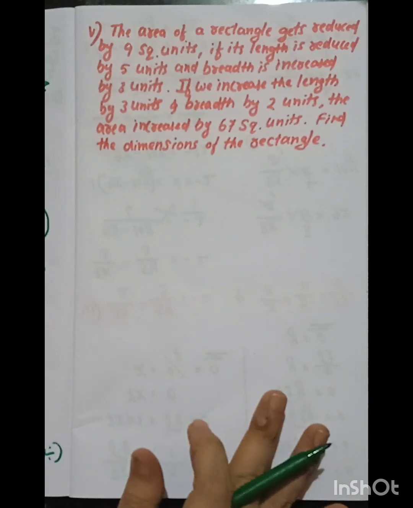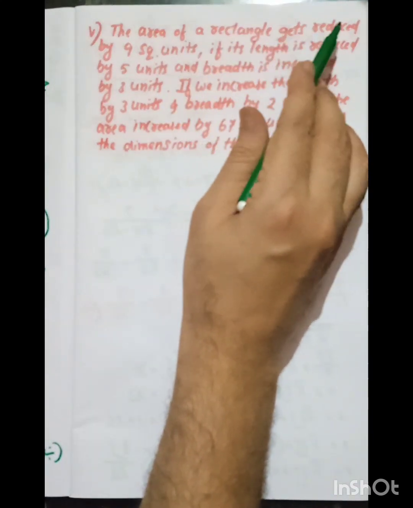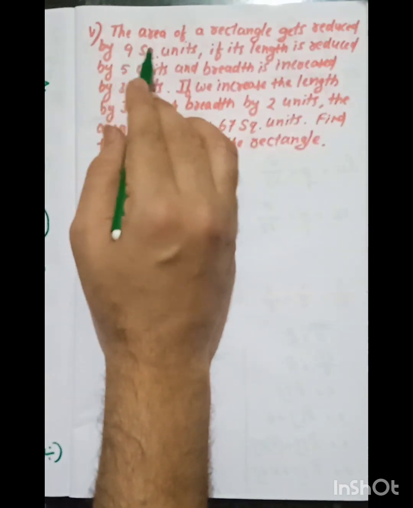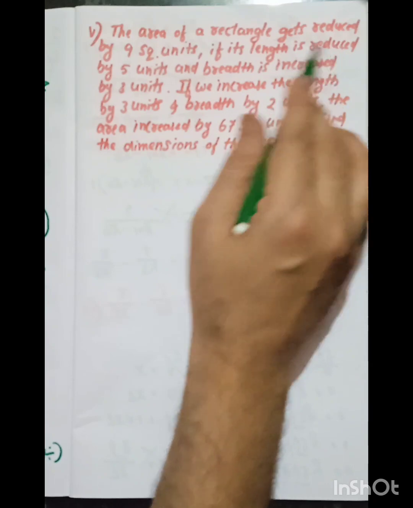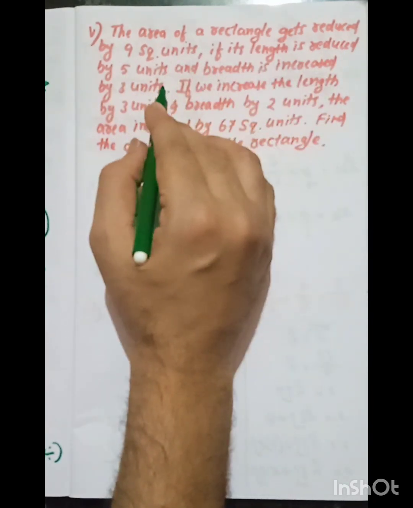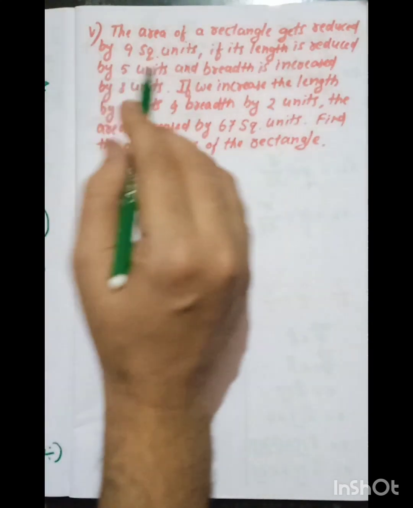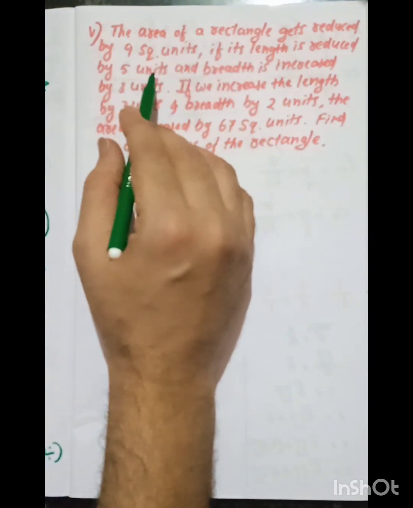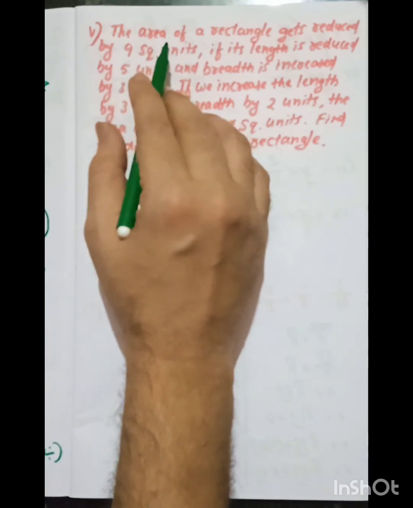Let's see the fifth problem. The area of a rectangle gets reduced by 9 square units if its length is reduced by 5 units and breadth is increased by 3 units. Here the length and the breadth are increased and decreased, as given in the problem. Let's see once again.